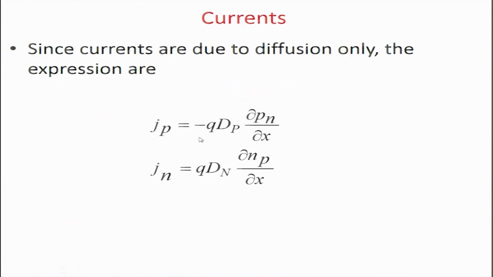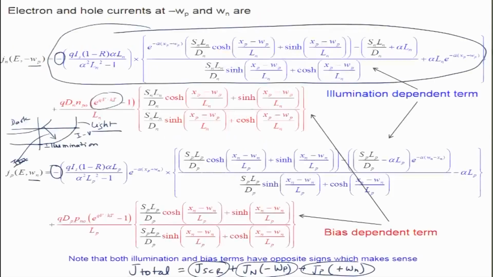So, these were the differential equations, and when we substituted these carrier concentrations into these differential equations, what we got is the current, and this current is basically, you can see there is a bias dependent term, there is an illumination dependent term, both are independent of each other. So, one depends upon the incident radiation and second depends upon the bias. Similarly, here one depends upon the incident radiation, another depends upon the bias.